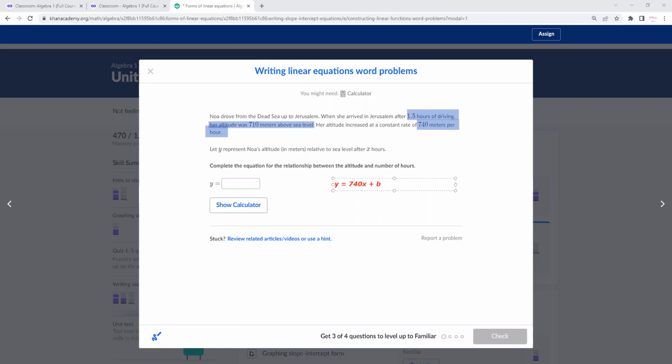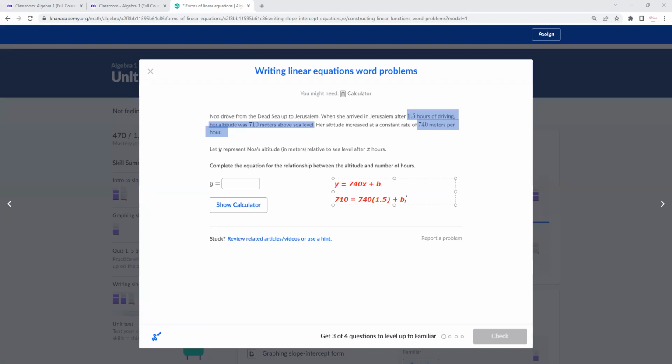We need our y-intercept. We know, though, that she was at an altitude of 710 above sea level in 1.5 hours. So we need to figure out what B was. B may be a negative for this one because the 710 is less than the 740.